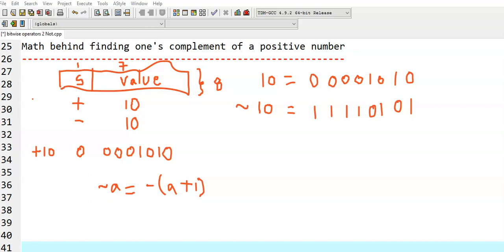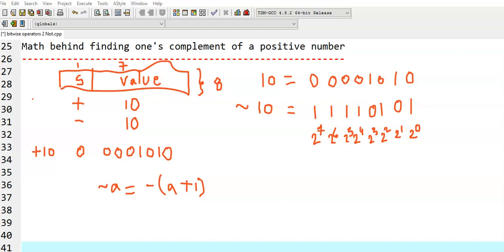Now as we know, this is the binary value. In order to get the decimal value, we use powers of 2 here: 2 power 0, 2 power 1, 2 square, 2 cube, 2 power 4, 2 power 5, 2 power 6 and 2 power 7.